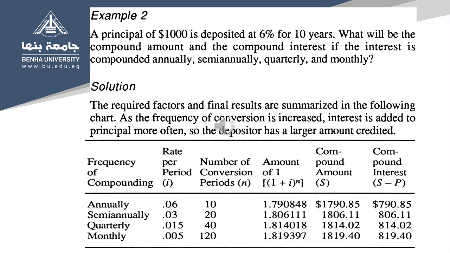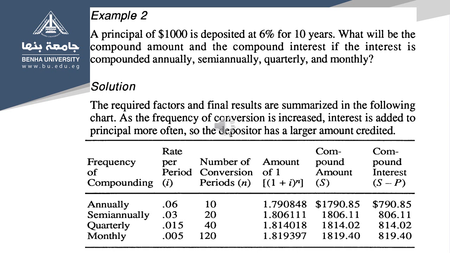It's very important. Compound amount equals 1 plus i to the power n multiplied by P. Compound interest equals S minus P, the sum minus the principal, the sum minus the present value. Okay. What about semi-annually?